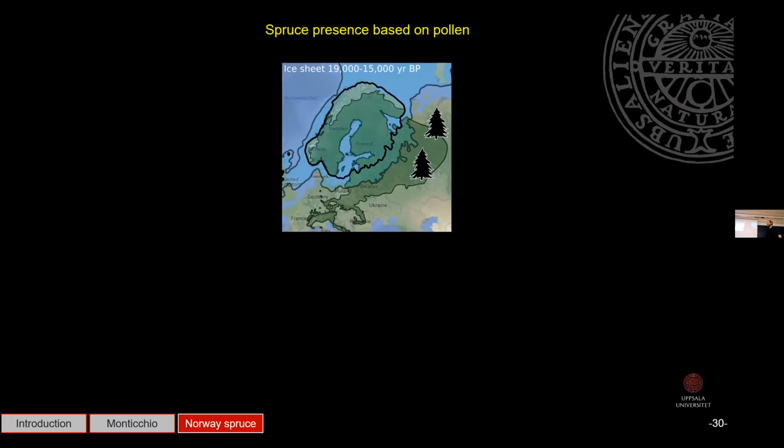So if you go back to the last glacial maximum or a little bit after, the ice sheet was massive across Fennoscandia, and there were probably not many places where trees could be. The idea was always that spruce was confined to the Russian plains, quite far into Russia, and that they more or less survived there during the harsher times.